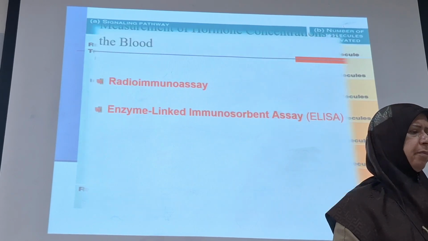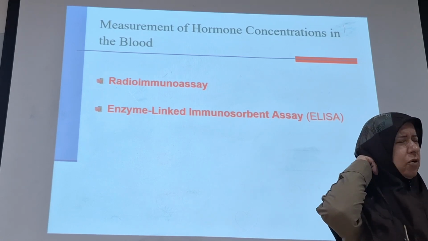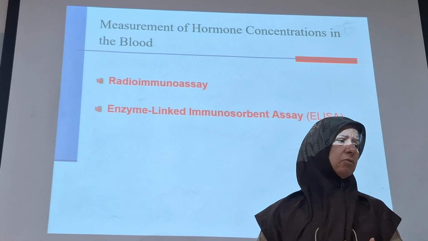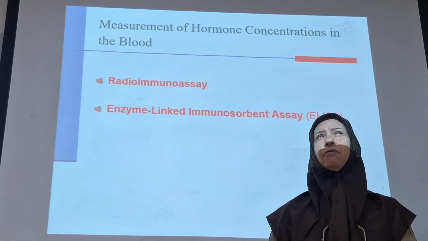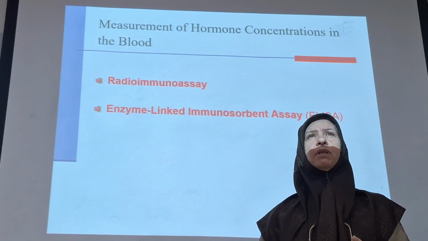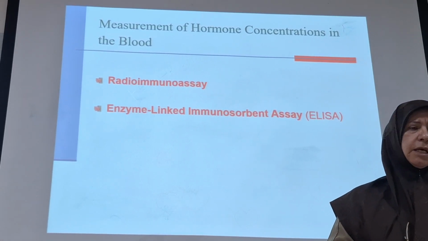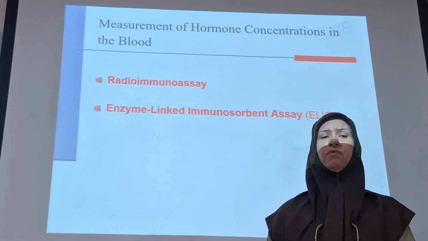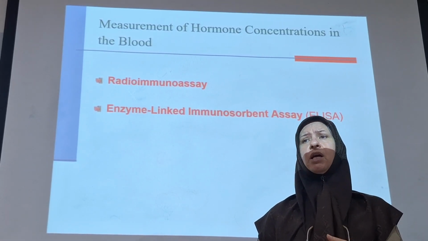About hormone measurement, you don't need to study it. Your reference for the exam is Guyton. Guyton is good for the exam. Chapter 75 is today's lecture. For the next session, chapter 76, hypophysis, which has two sections.